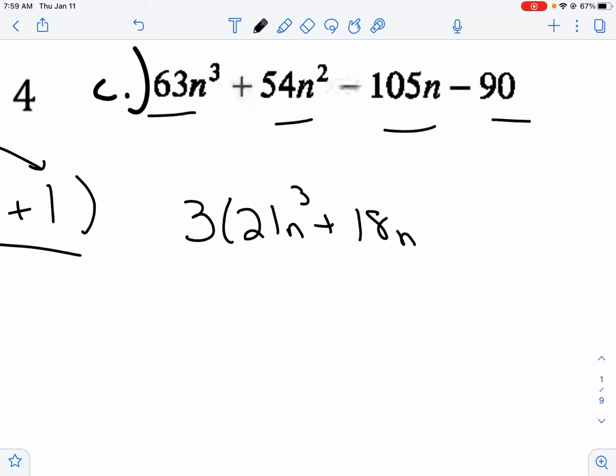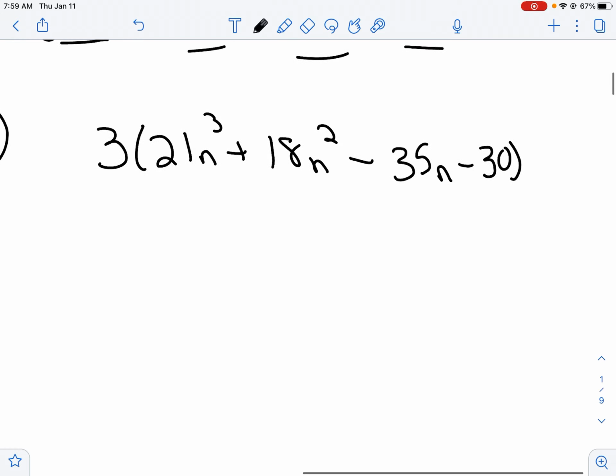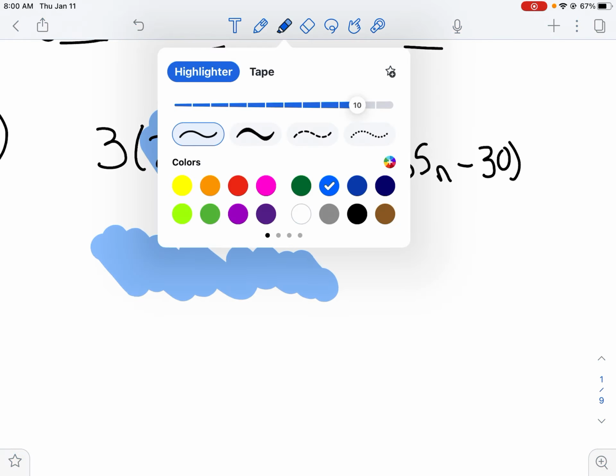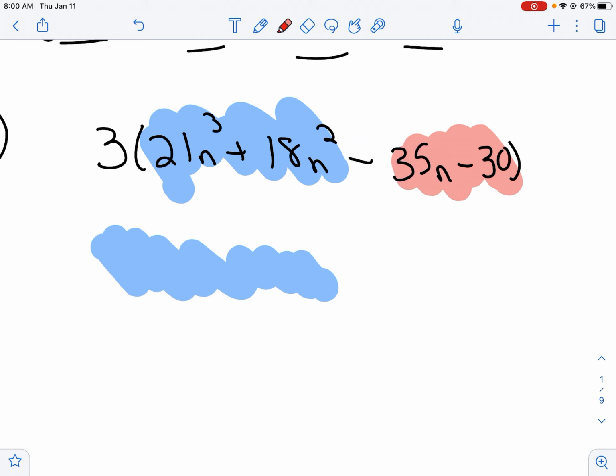So this is 18n squared minus 35n minus 30. Okay, so you got that, and then we can focus on these. We had to pull out the common factor first.